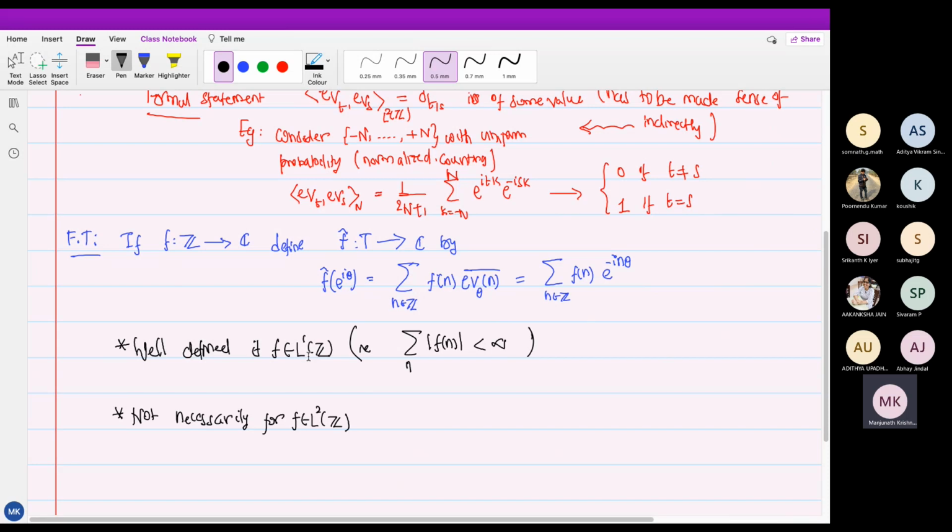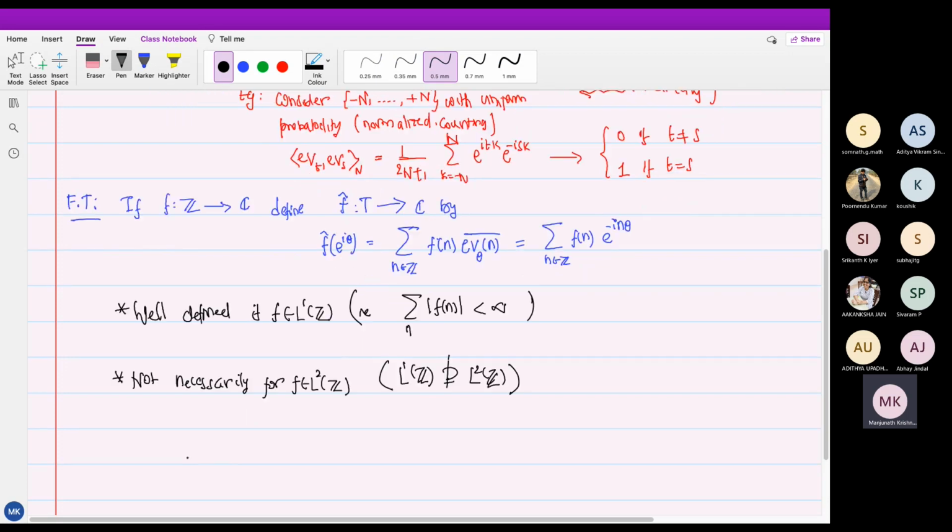This is an infinite measure space, so L1 of Z does not contain L2 of Z. So that is the problem. Fourier transform is not well defined for L2 functions, but for measures it is okay.